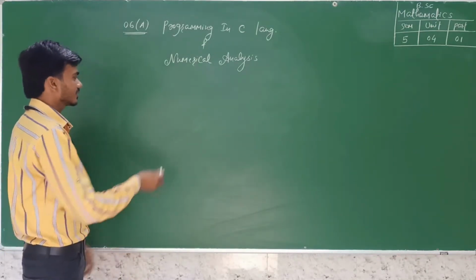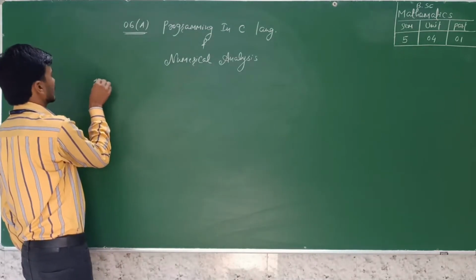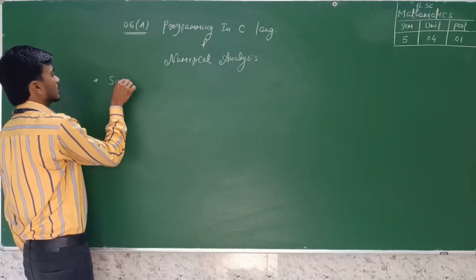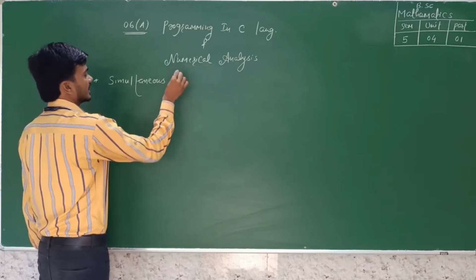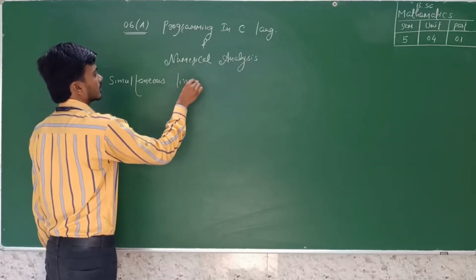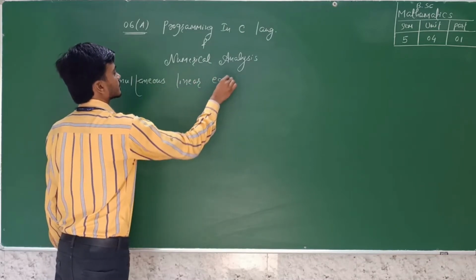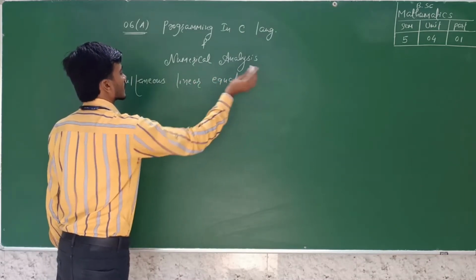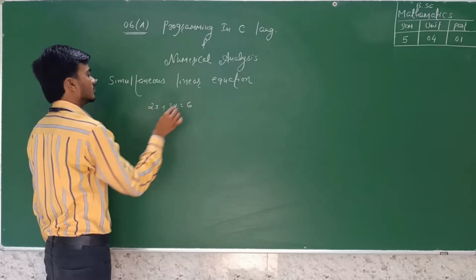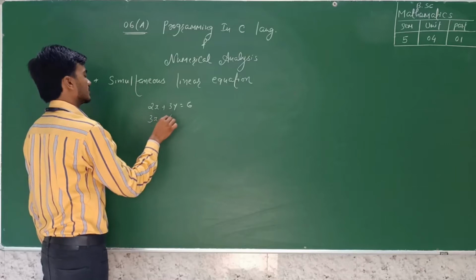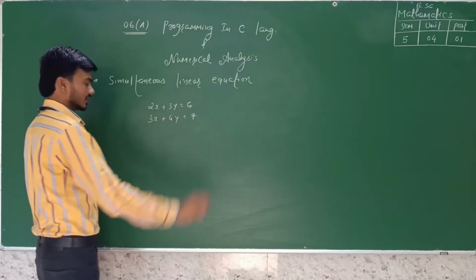Simultaneous linear equations, that means, for example, 2x plus 3y is equal to 6, 3x plus 4y is equal to 7.